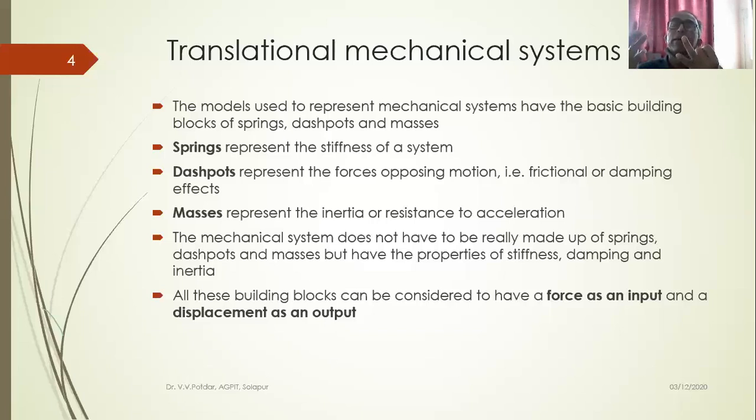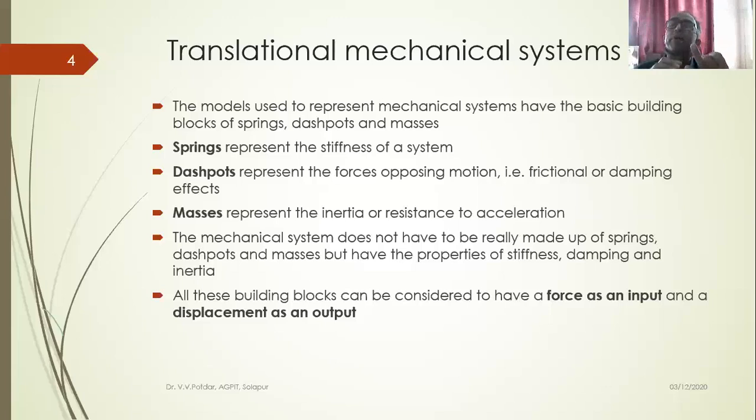Second, spring corresponds not necessarily to a spring only. If physically a spring is there, I'll be modeling the spring. But if a spring physically is not there, but it has got a stiffness-like property, that also I'll be modeling by using a spring in my free body diagram, by showing the behavior of a physical system.